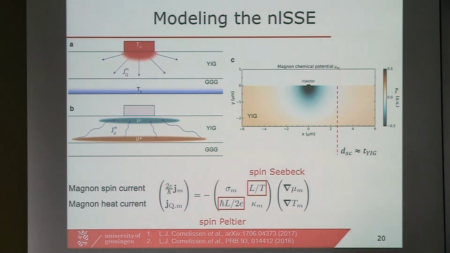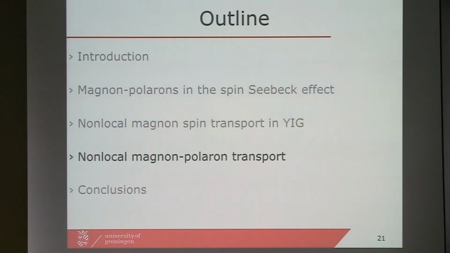But this turned out to be extremely difficult because there are so many parameters involved, like the conductivity of the YIG, but also the interface between YIG and platinum, the spin Hall angle of the platinum. So you can spend forever tuning these parameters and still not get agreement. So that's what I meant. I agree that the qualitative picture is quite okay, and I'll show some more of this later.